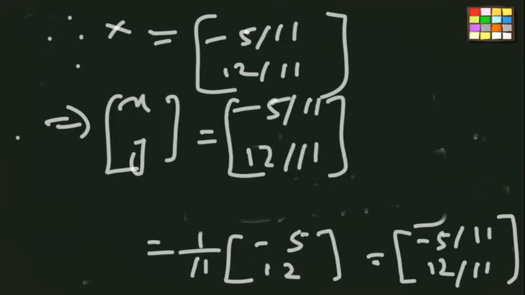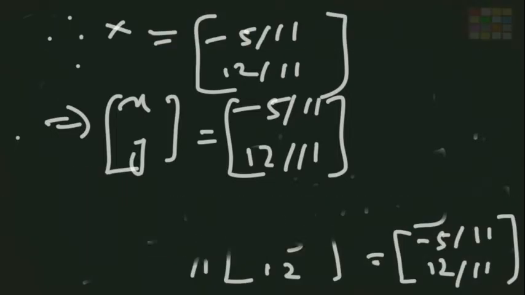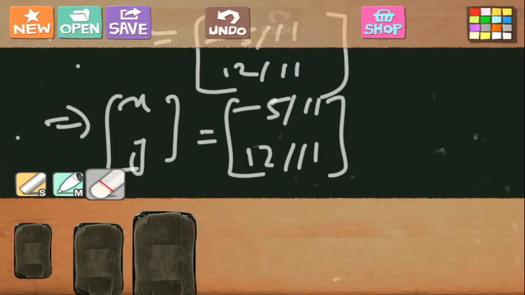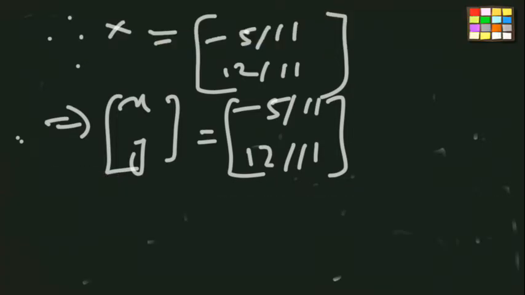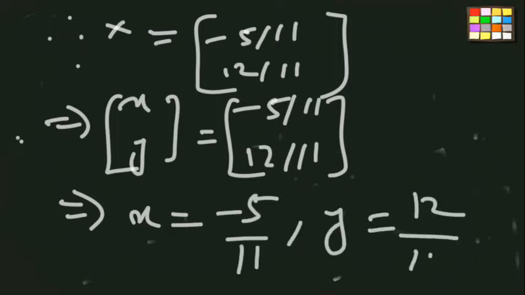If I compare, I get x equals minus 5 by 11 and y is 12 divided by 11. So this is the solution of this simultaneous linear equation.